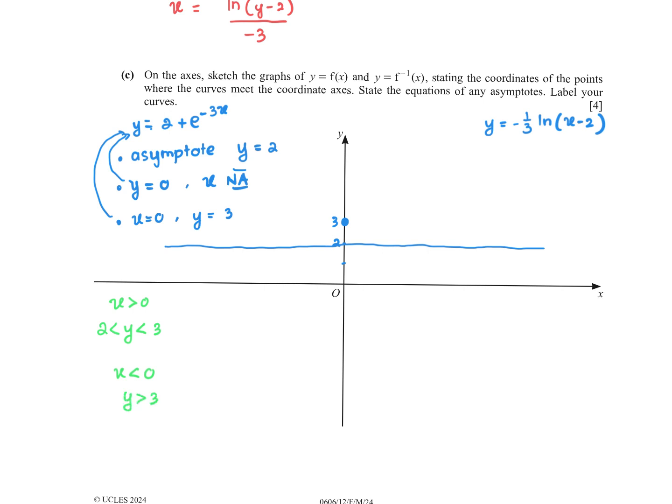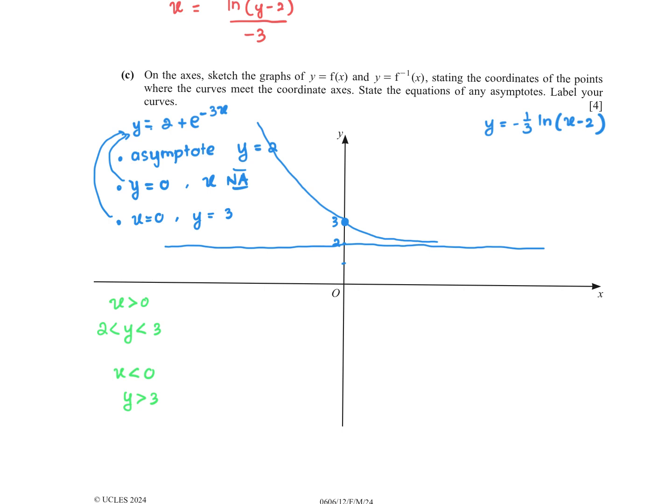You can check by x equals negative 1, negative 2, negative 3, and so on. So the graph now, I can draw when x is greater than 0, the y is in between 2 and 3. And when x is less than 0, the y is greater than 3.